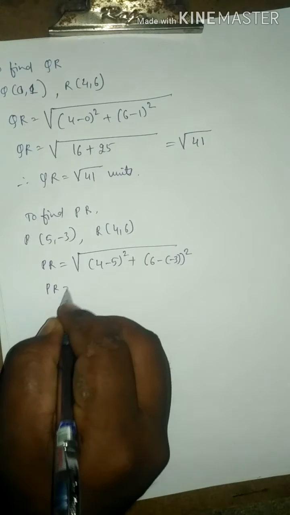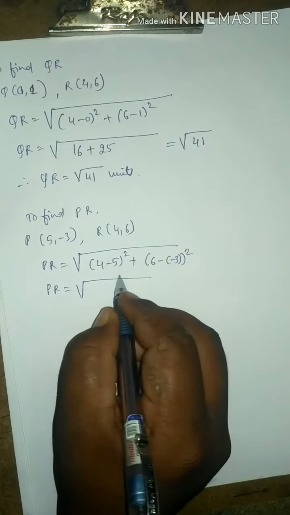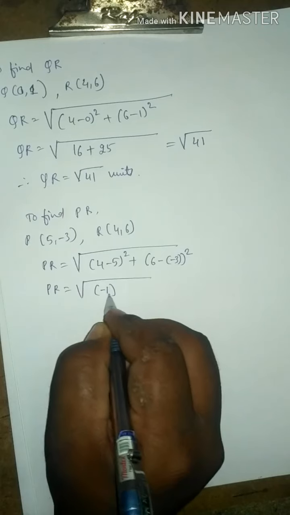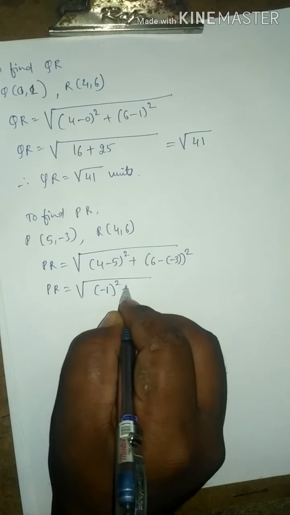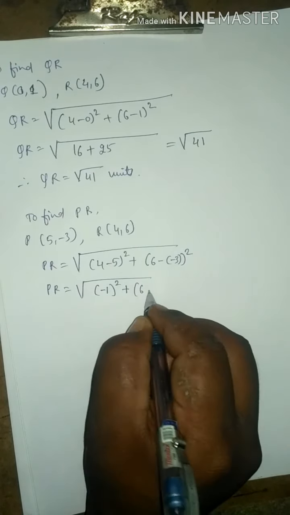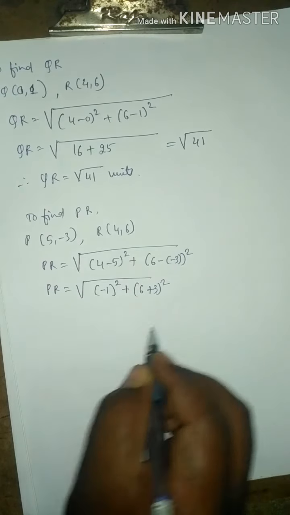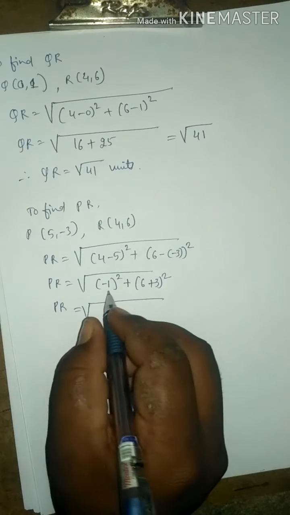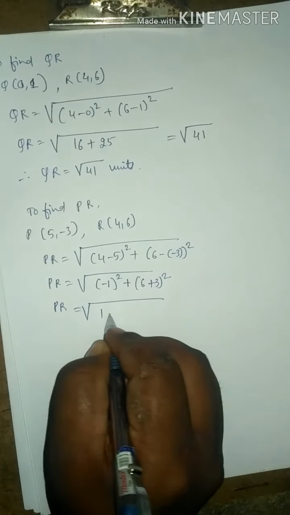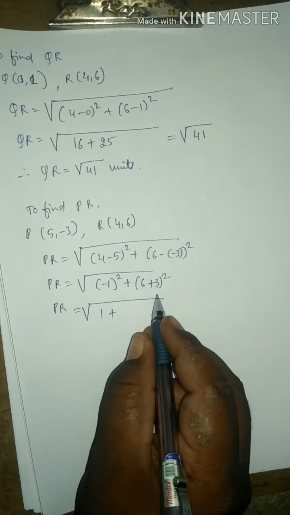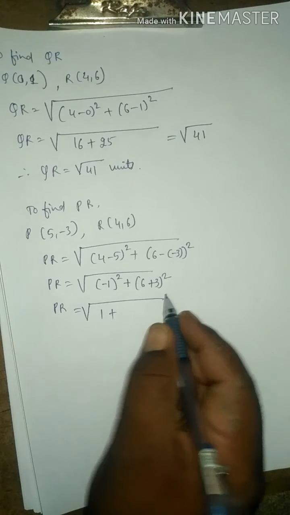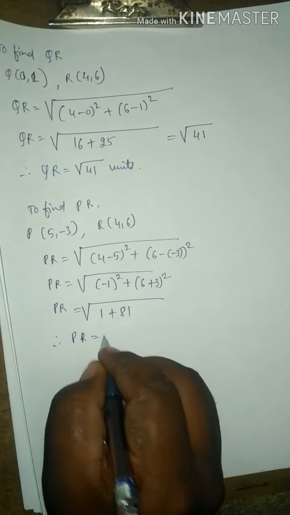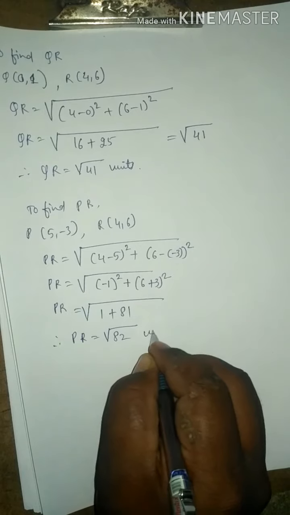So PR is equal to under root 4 minus 5 is minus 1, minus 1 square is plus 1, plus 6 plus 3, that is 9, 9 square is 81. Therefore PR is equal to root 82 units.